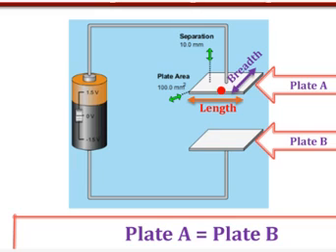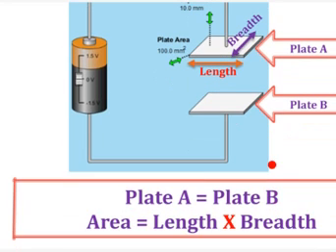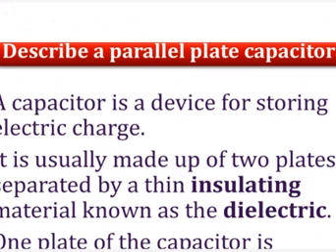Is that okay? In this particular capacitor, usually plate A is equal to plate B, and like I explained, the area of the plate is given as length times breadth.